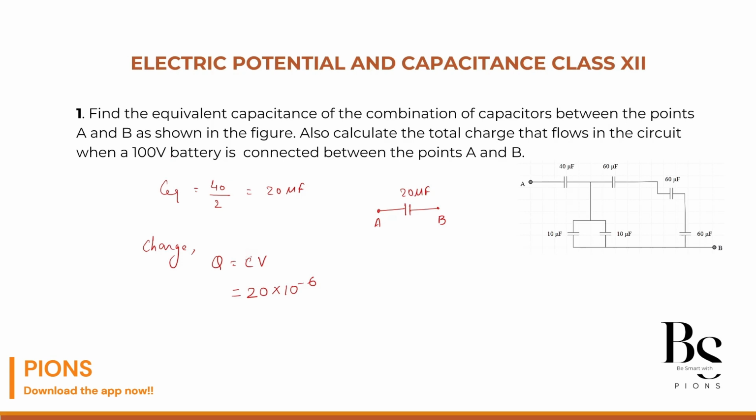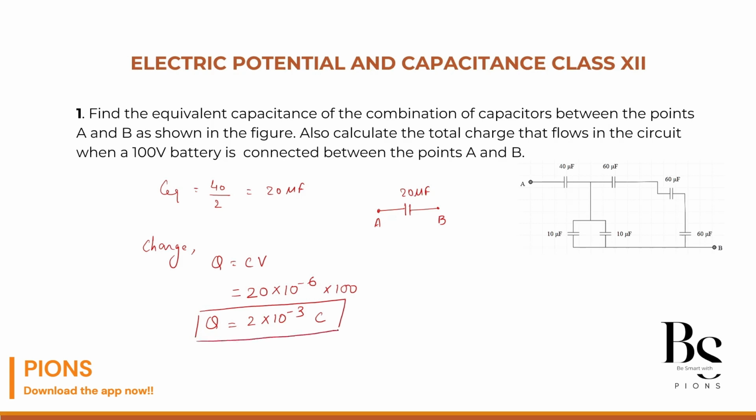Only if 1 farad is multiplied with 1 volt does it give you 1 coulomb. That's why you have to convert this into farad, multiplied by 100. So this gives us 2000 microcoulombs, or 2 into 10 to the power minus 3 coulombs. That's the charge which is flowing in this whole circuit.